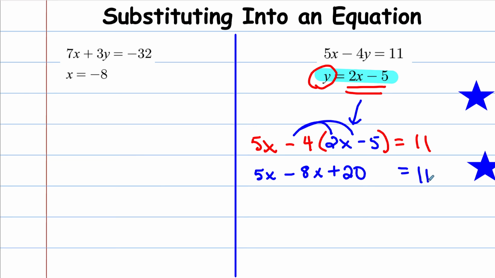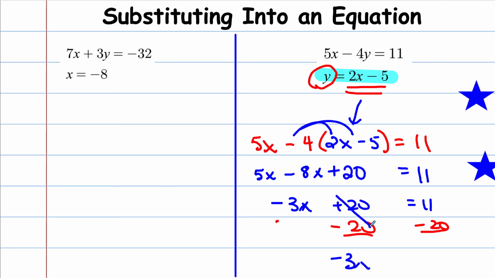Now we combine our like terms: 5x minus 8x gives me negative 3x plus 20, which is 11. Now I would subtract 20 from both sides. That leaves me negative 3x, because 20 take away 20 is 0, and that gives me negative 9 over here.